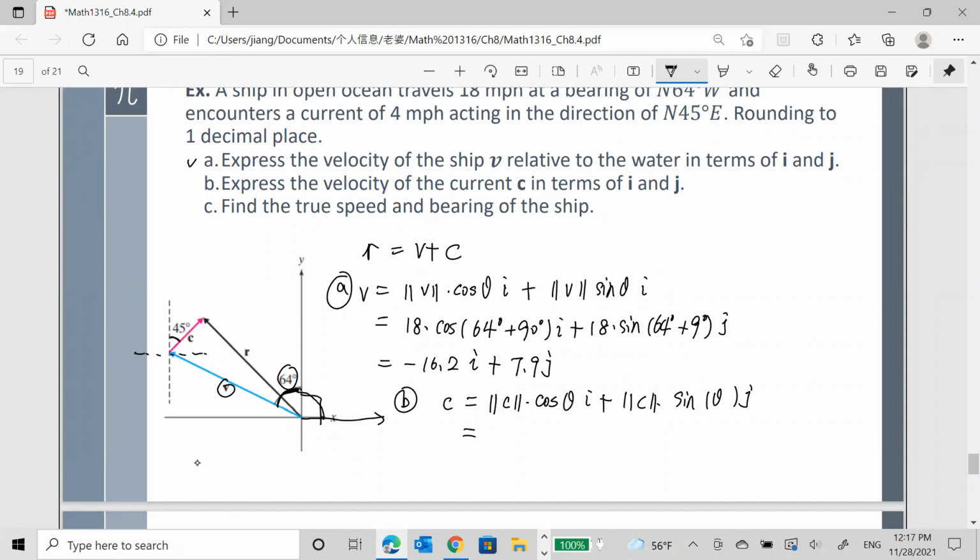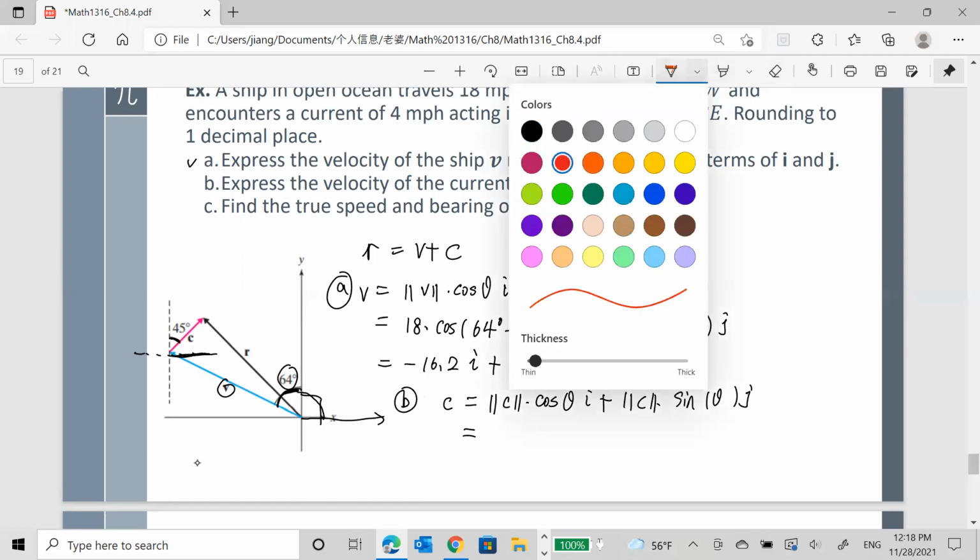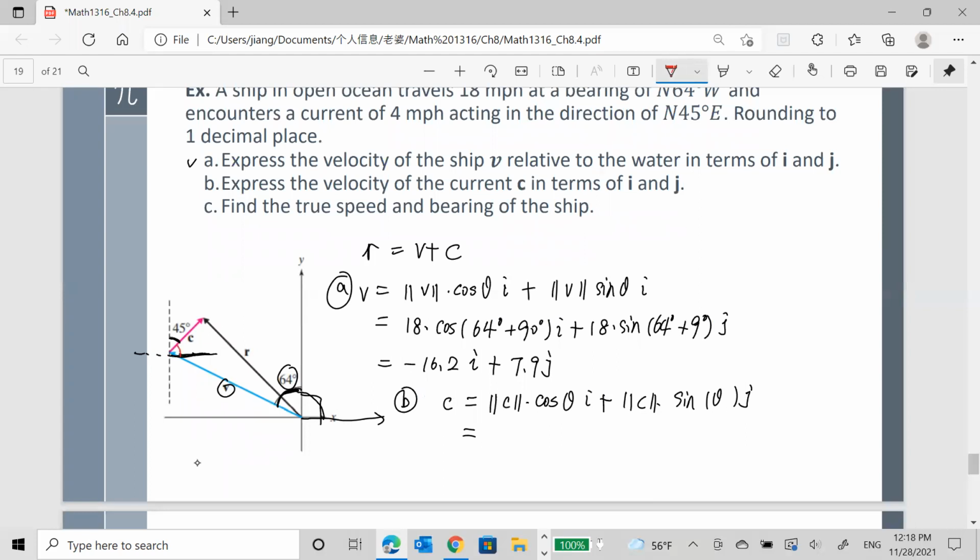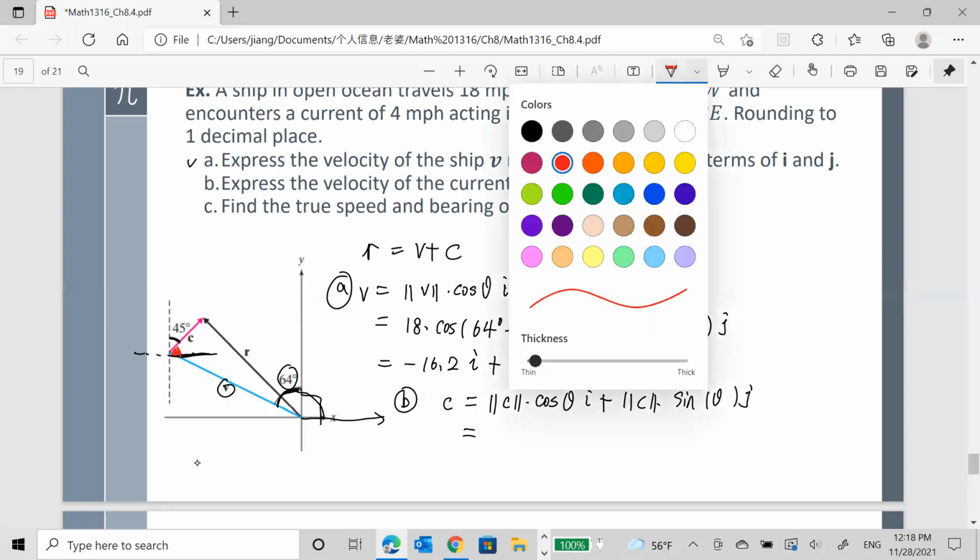The bearing is 45 degrees, so from the initial line it's 90 minus 45, right?